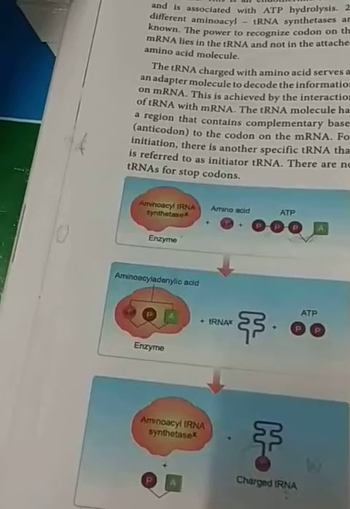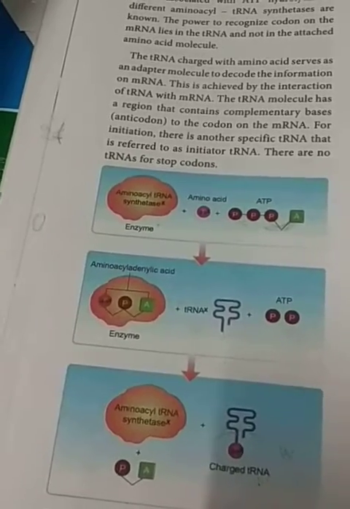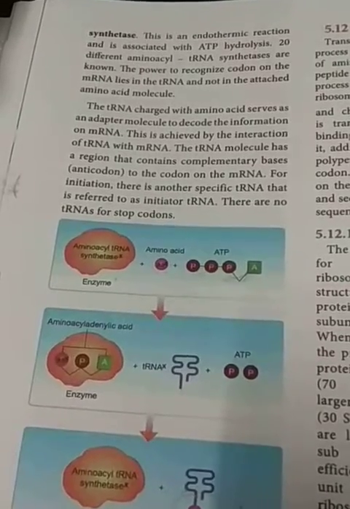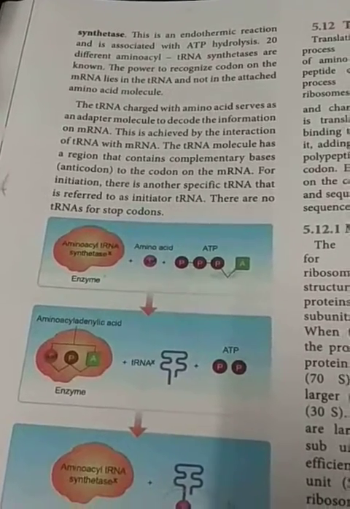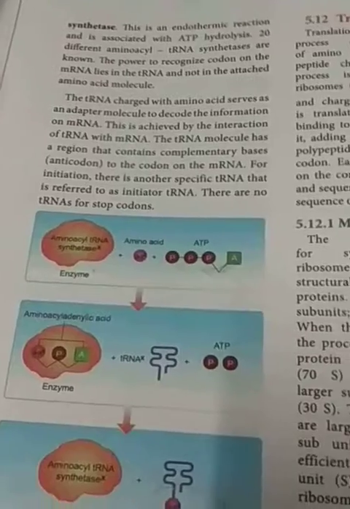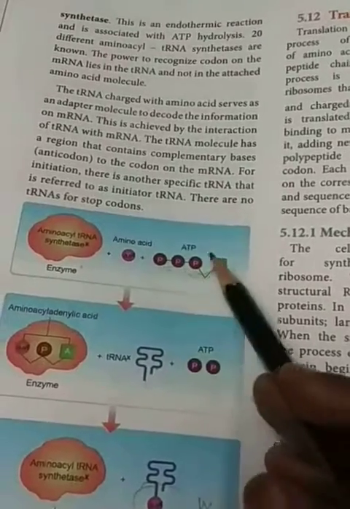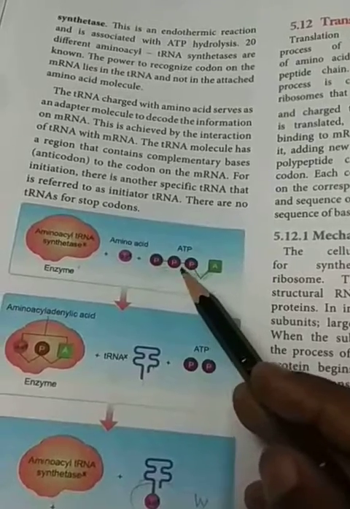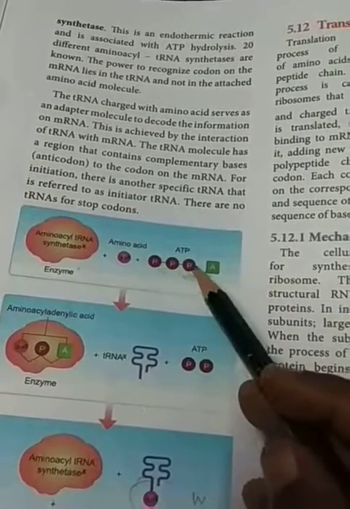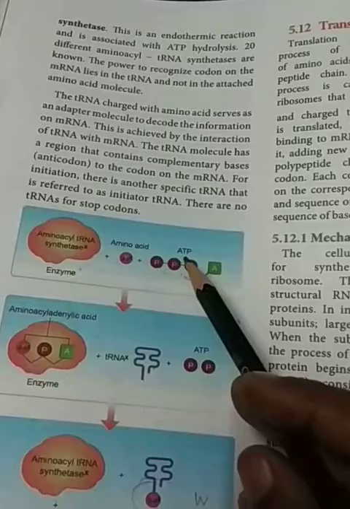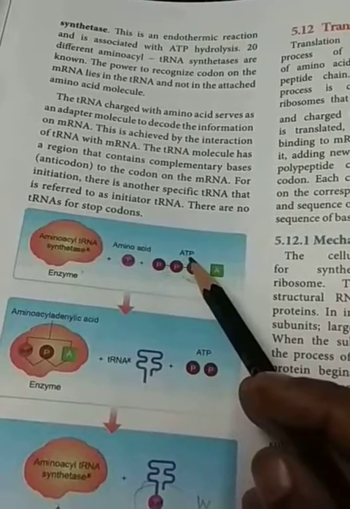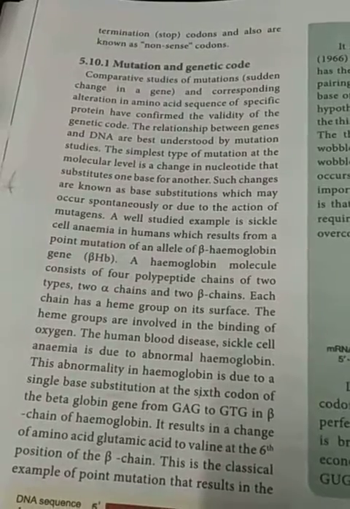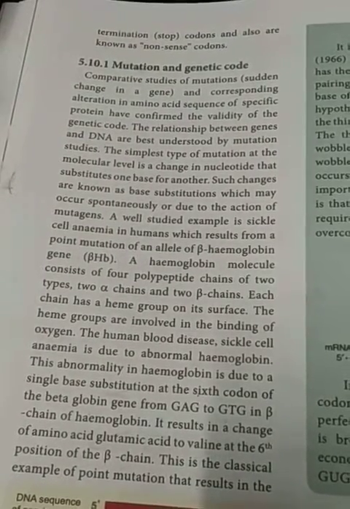One is charged tRNA, another one is uncharged tRNA. When the charged and uncharged tRNA are brought together, the formation of a polypeptide chain is favored energetically, with the help of the enzyme. Which enzyme? Aminoacyl tRNA synthetase enzyme.